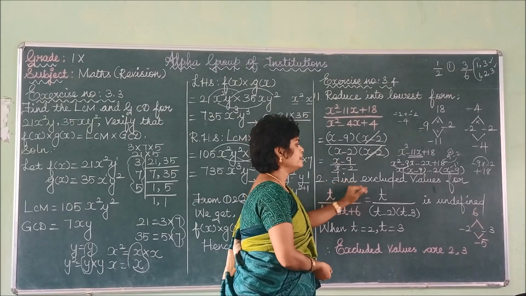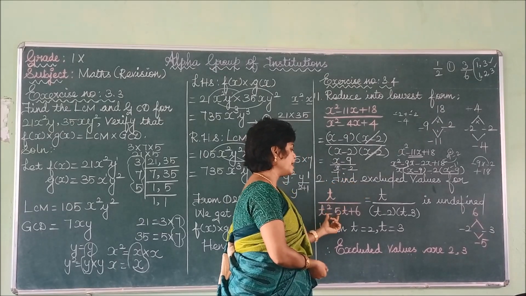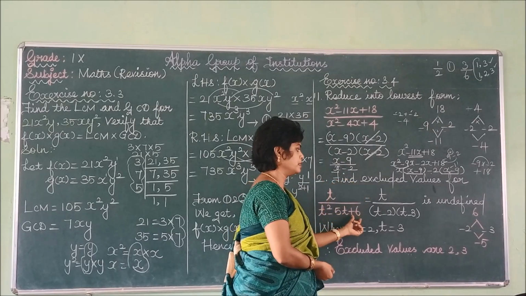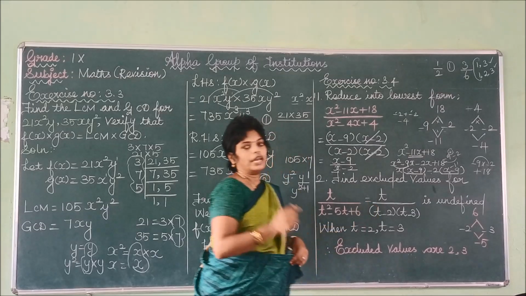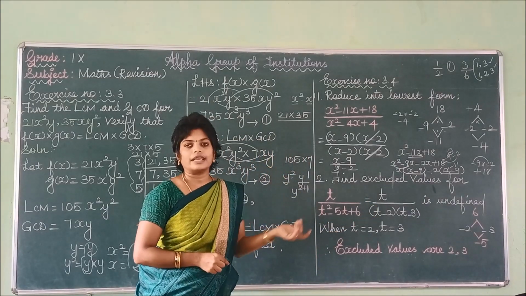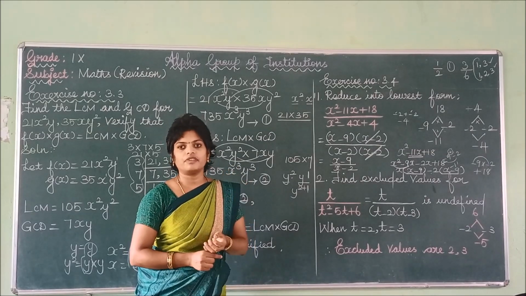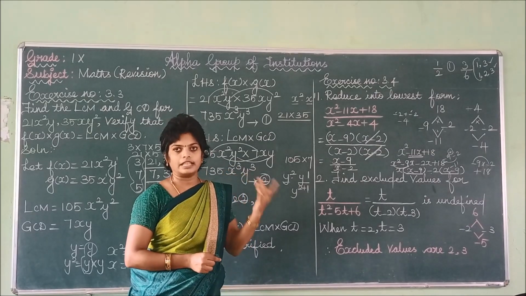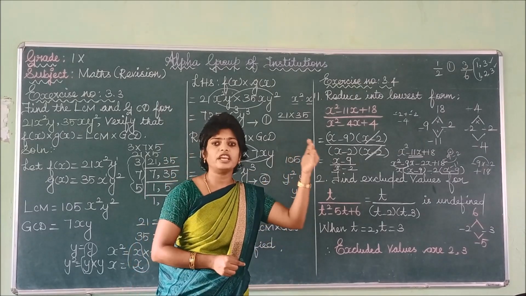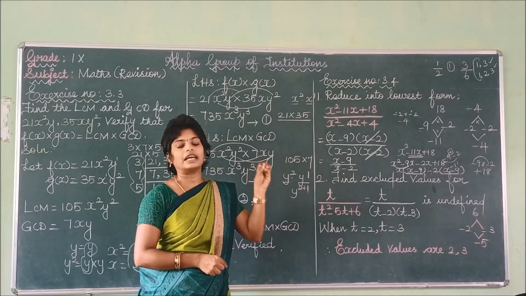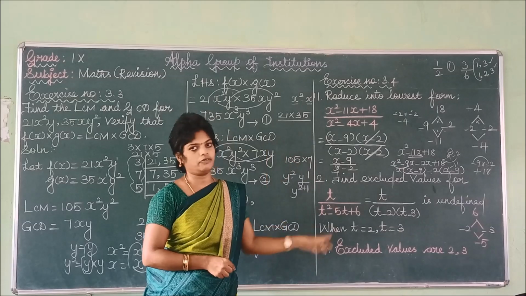So listen here, find the excluded values of t by t square minus 5t plus 6 equal to. Excluded value means, before going to the excluded value, you have to keep one thing in mind. A rational number, what is the definition of a rational number? A rational number is an expression which is in the form of p of x by q of x with the condition that q of x not equal to 0.